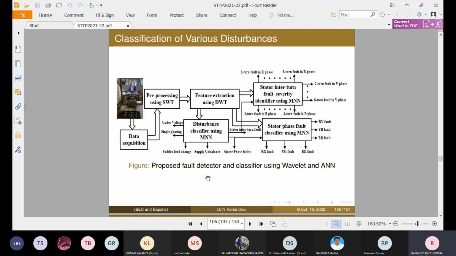That information is given with the help of techniques adapted from systems like the human brain, which we call artificial neural networks. With the help of artificial neural networks, we can classify the various disturbances.